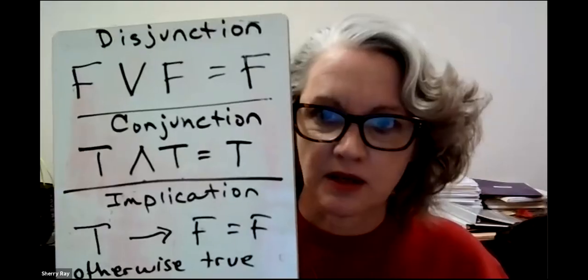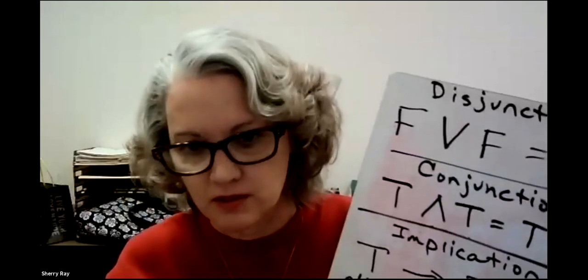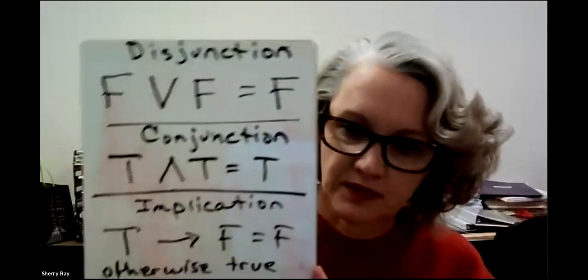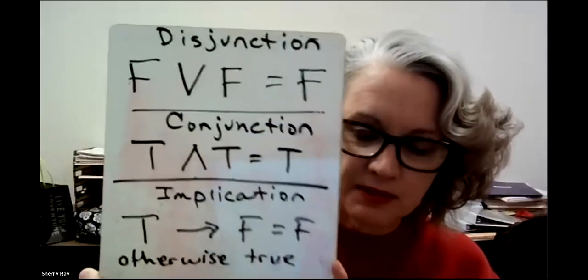And okay, so for or, it is only false if you have two false statements. Otherwise, it's true. Conjunction, both have to be true. Now with an implication, that's only false if a true statement implies a false statement. It's kind of like telling your kid, hey, if you clean up your room then I'll give you $10.